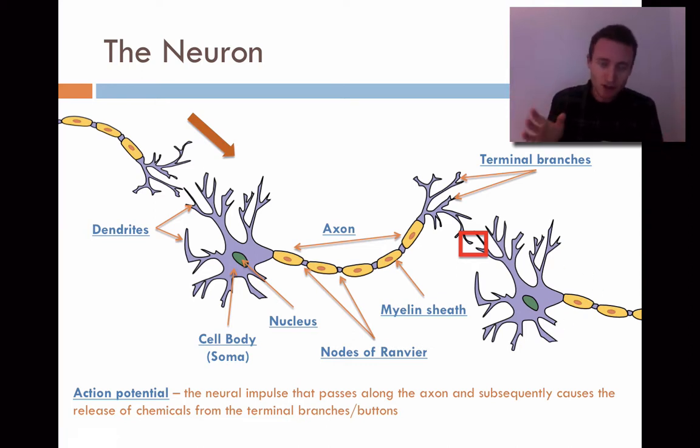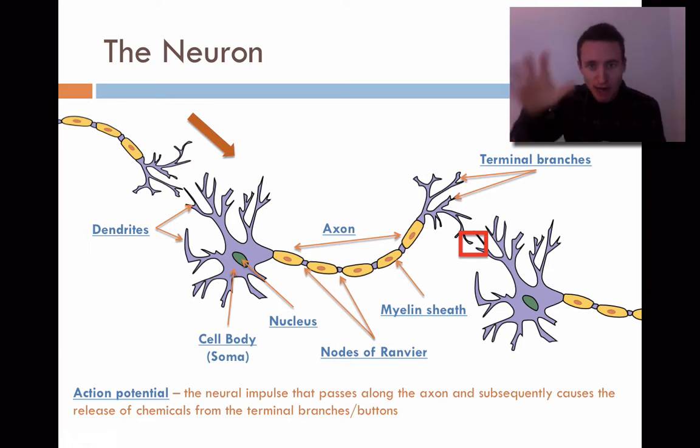And I should mention that each neuron is capable of connecting or communicating with up to 10,000 other neurons. So if we have billions of neurons in the nervous system, and each can connect up to 10,000 other neurons, we're talking about an extremely complex network.